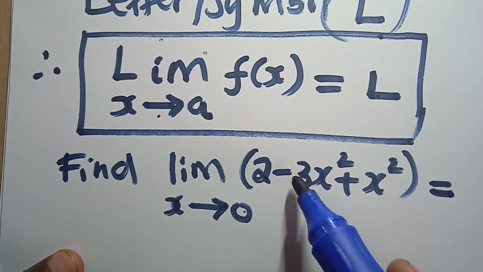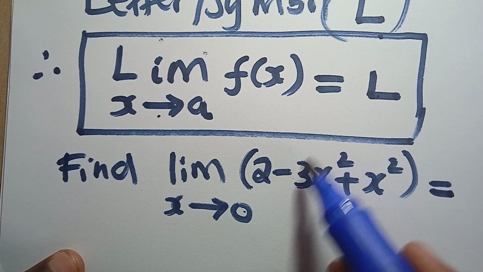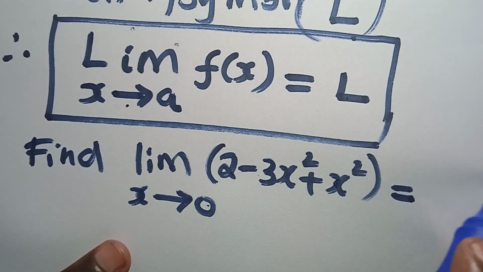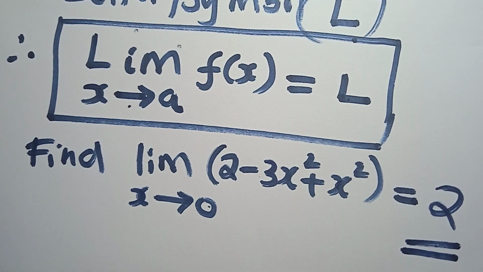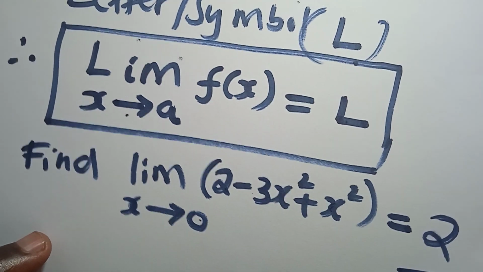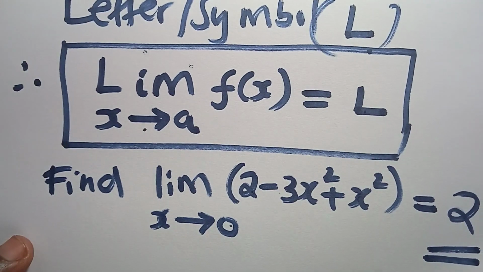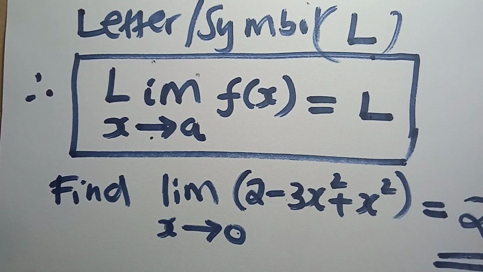So this will be 2 minus 3 times 0 squared, which is 0, plus 0. All this will give us 2, and that is the limit. So when told to find the limit, it's just about substituting, and you have seen the idea of values on the y-axis which we get for their corresponding x values.